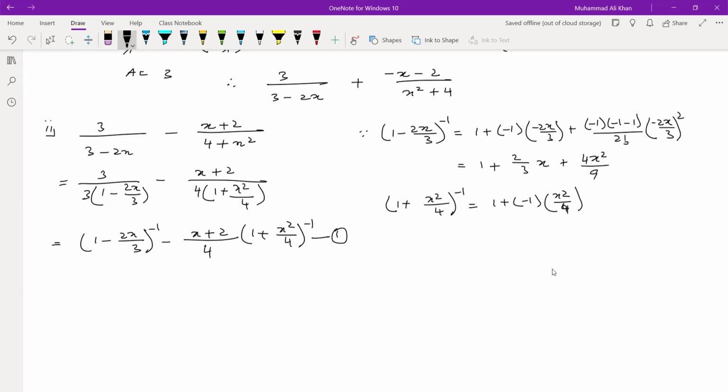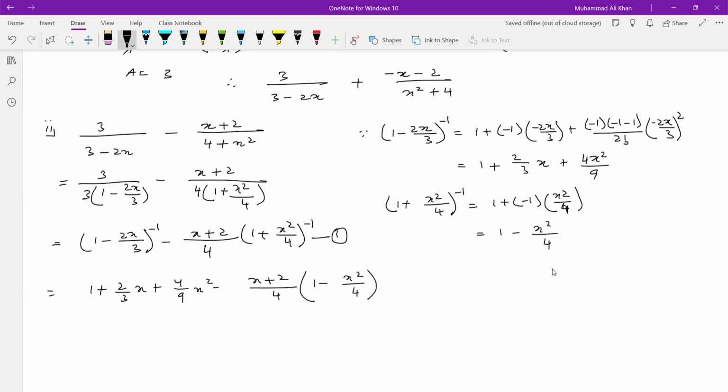So here it is 1 minus x square over 4. Therefore, the equation 1 will be 1 plus 2 over 3x plus 4 over 9x squared minus x plus 2 over 4 in the bracket 1 minus x square over 4.